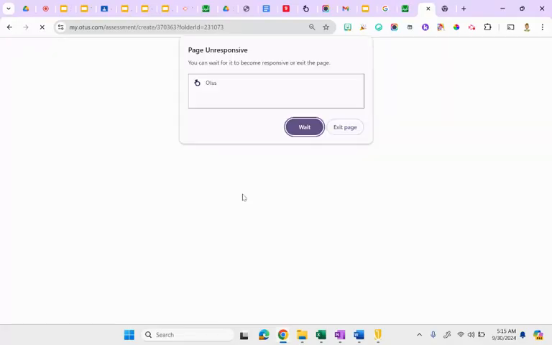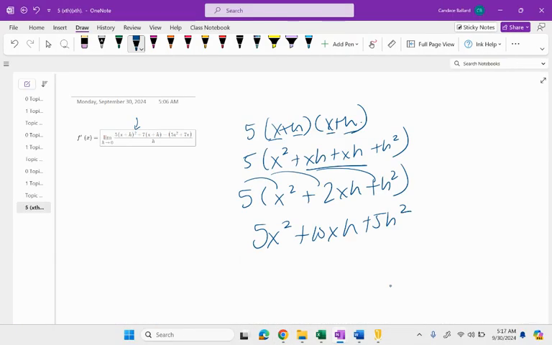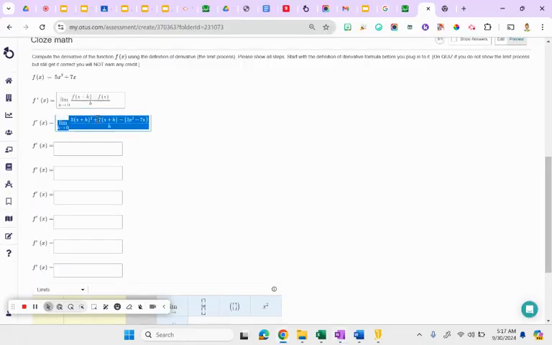Hopefully I don't lose all my work. Okay, so from here, I've already done my work over here. I'm going to get this typed in next, and that's getting typed in for that first part.